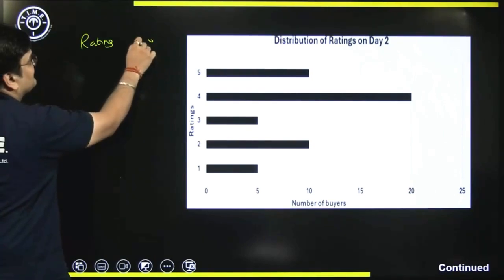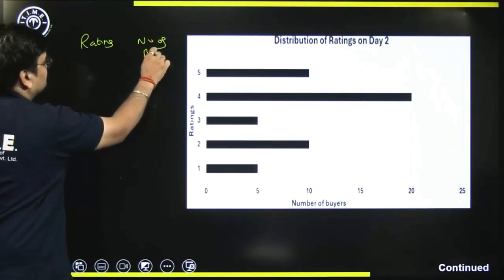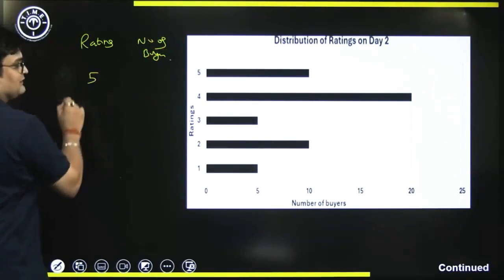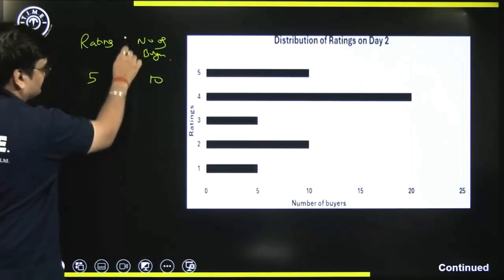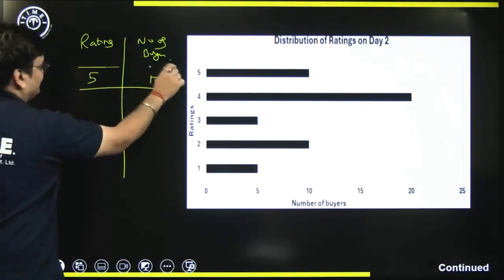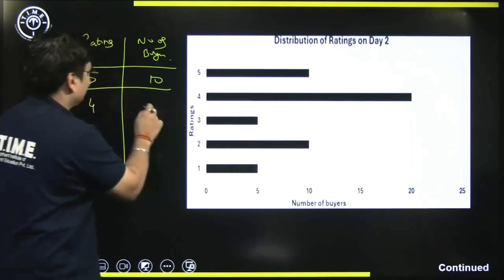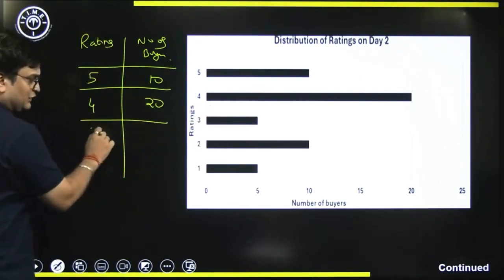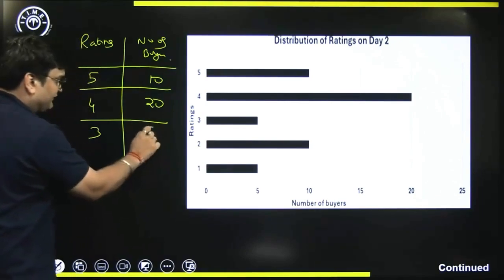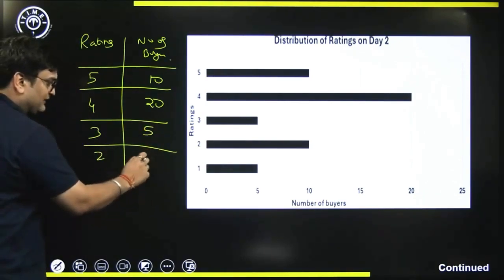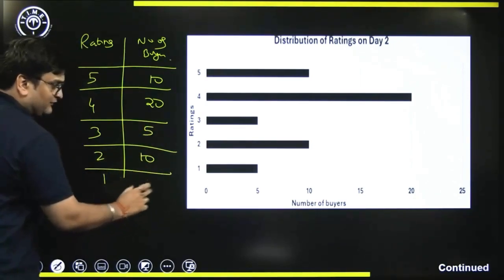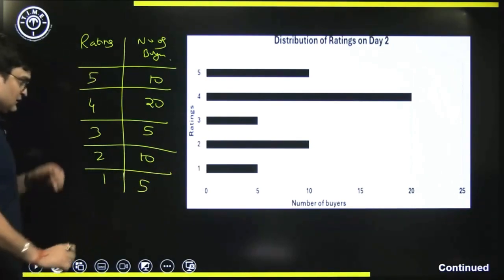Number of buyers rating 5 is 10. Rating of 4, number of buyers is 20. Rating of 3, number of buyers is only 5. Rating 2 is 10 and rating of 1 is given by 5 buyers.